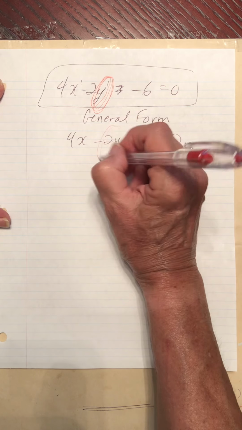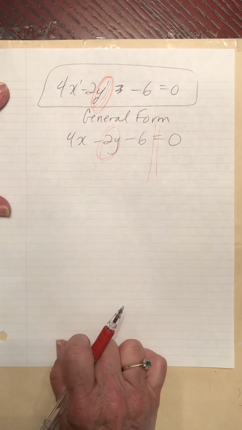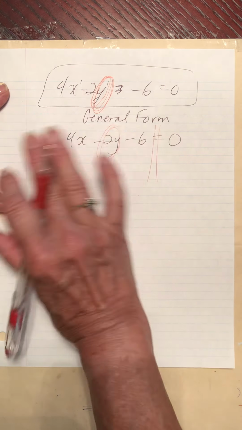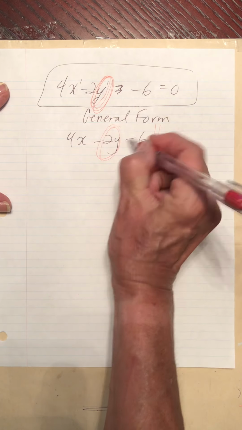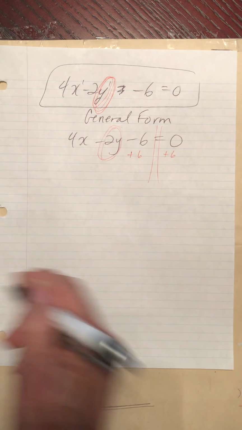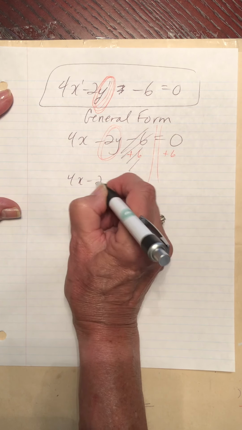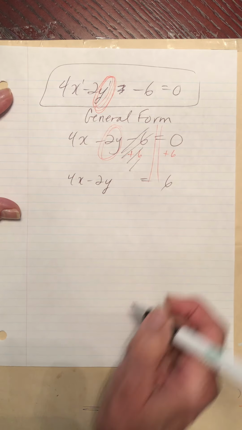I need the y by itself, right? This is an equation. I have a left side and I have a right side. So I need everything gone from this. I'm going to get rid of the 6 by going plus 6 and plus 6. That was, let's say, my first step. So these are gone. I have 4x minus 2y equals 6.